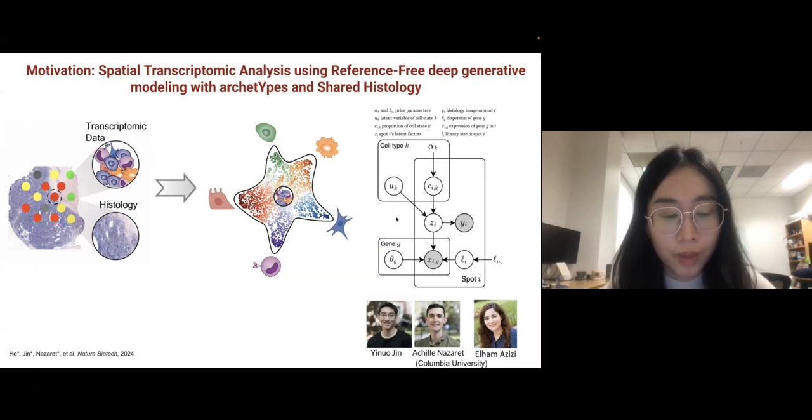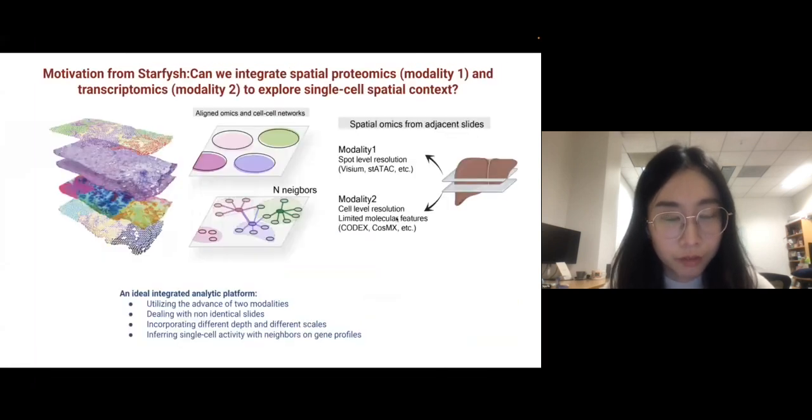So we want an extended version of Starfish, and in this extended version we want not just the cell type proportions, but to also study how the individual cells interact with each other, and we want to utilize the advances of both modalities.